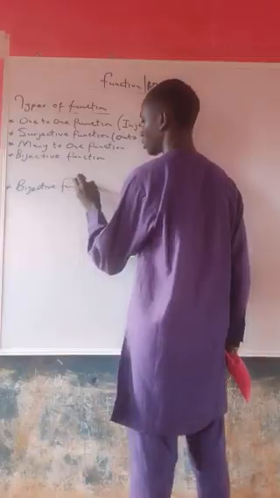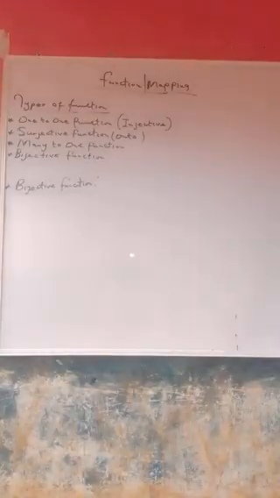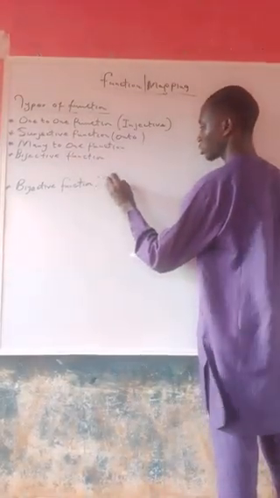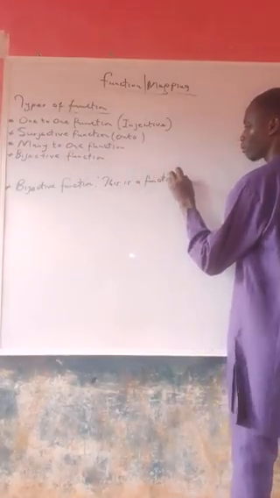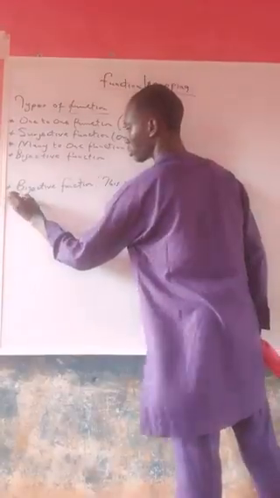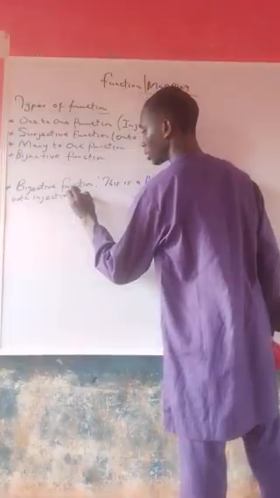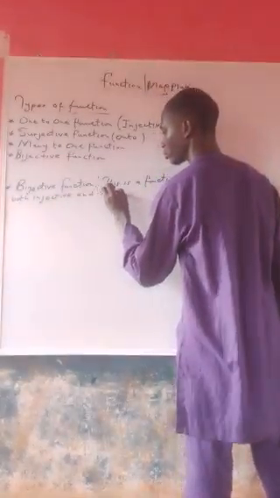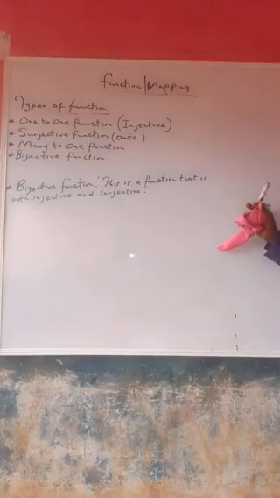A bijective function is a function that is both injective and surjective. That is both injective and surjective. So once a function is both injective and surjective, we said that that kind of function is bijective.